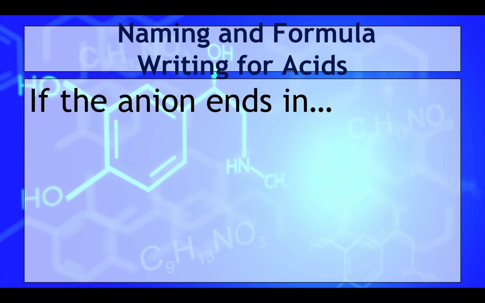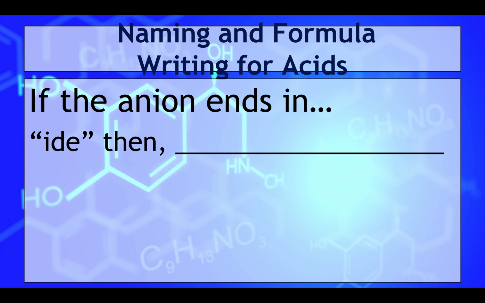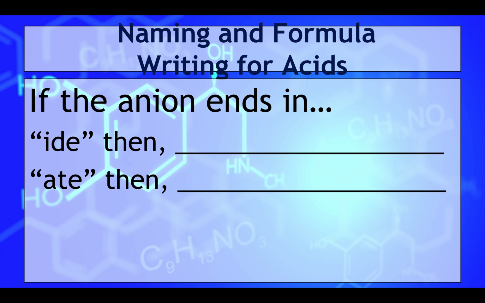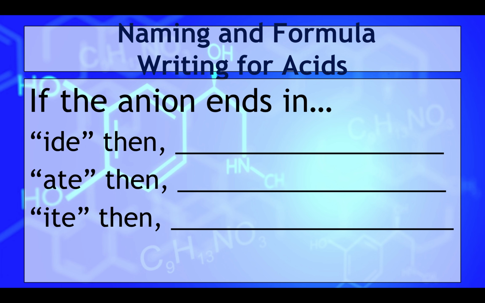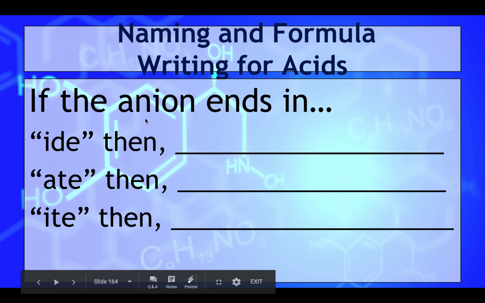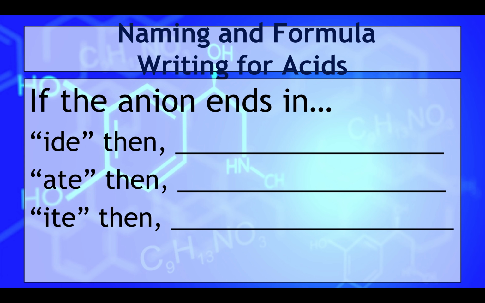If the anion ends in "ide", then we're going to change it to a certain ending. If it ends in "ate", we're going to change it to a different ending. If it ends in "ite", then we're going to change it to a different ending. So sometimes you're going to be having to look at the polyatomic ion sheet to see what is the formula for the acid, and then look at the name.